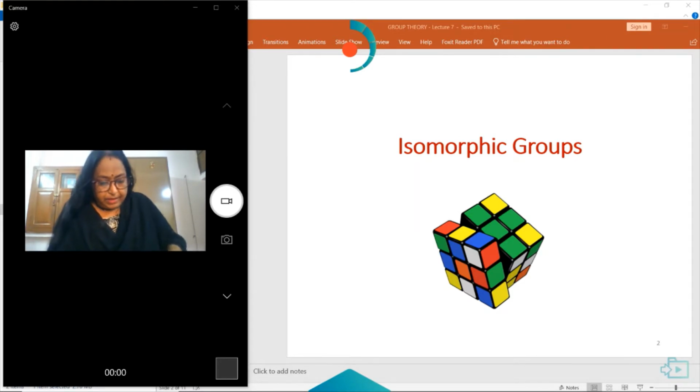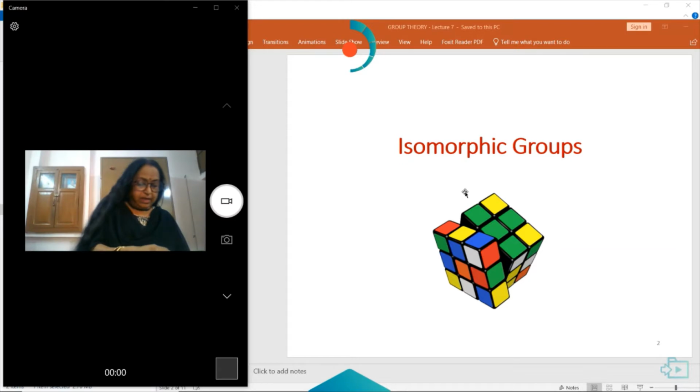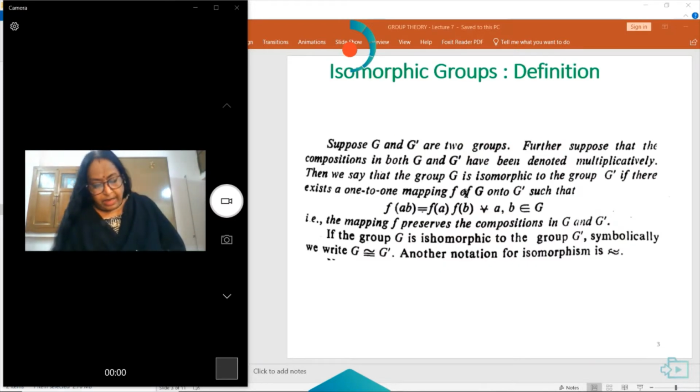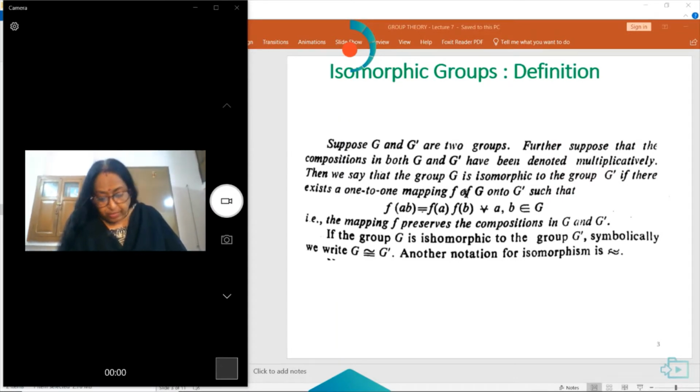Now we will continue today the isomorphism of groups definition. Suppose G and G dash are two groups. G is also a group, G dash is also a group. Further, suppose that the composition in both G and G dash has been denoted multiplicatively.